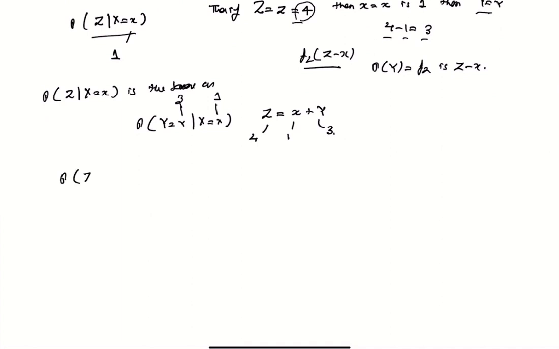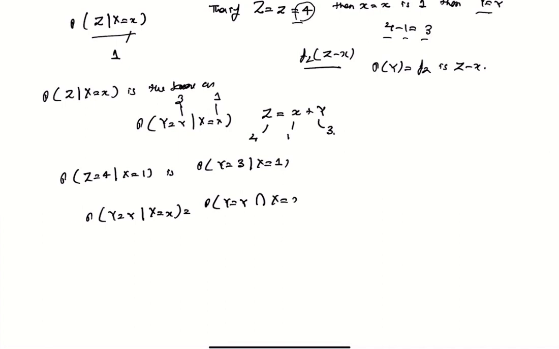So probability of Z is equal to 4 given X is equal to 1 is the same as probability of Y is equal to 3 given X is equal to 1. Now probability of Y is equal to y given X is equal to x is equal to probability of Y is equal to little y and X is equal to little x divided by probability of X is equal to little x, if X and Y are independent events.